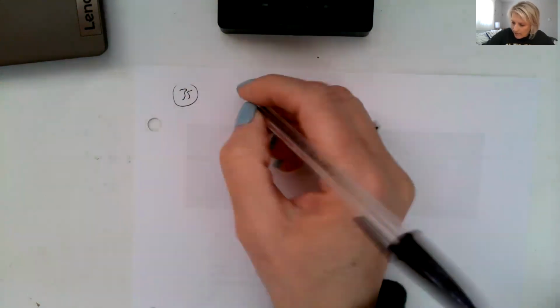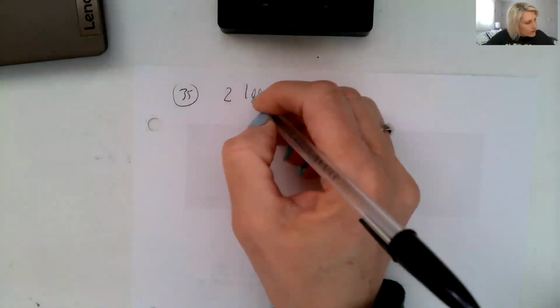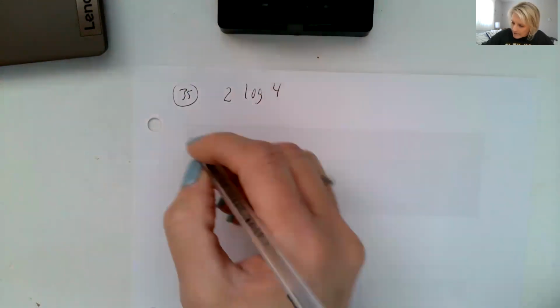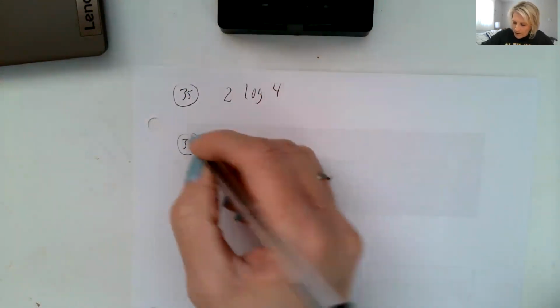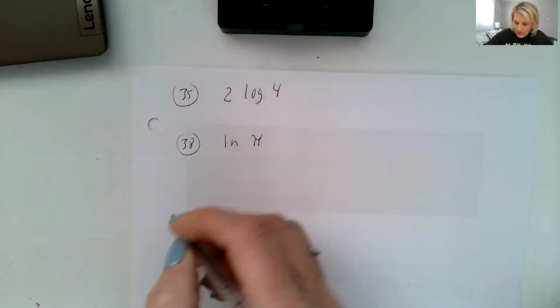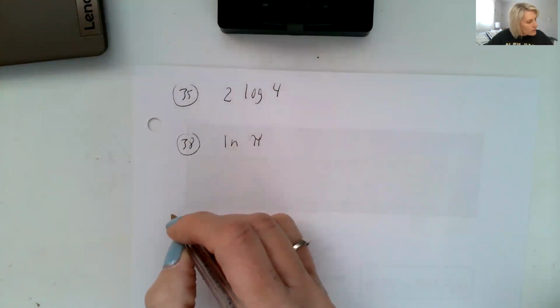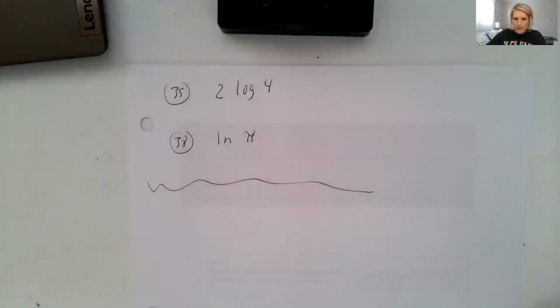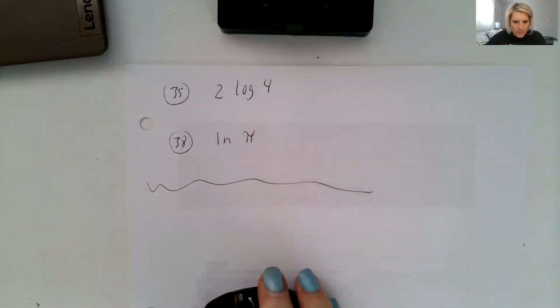Okay, so 35, we're going to look at 2 log of 4, and 38, we're going to just put both of these in decimals. 38 is the natural log of pi. So we'll look at those. And then we're going to come back and learn about something else here in a moment. Let's go to decimals.